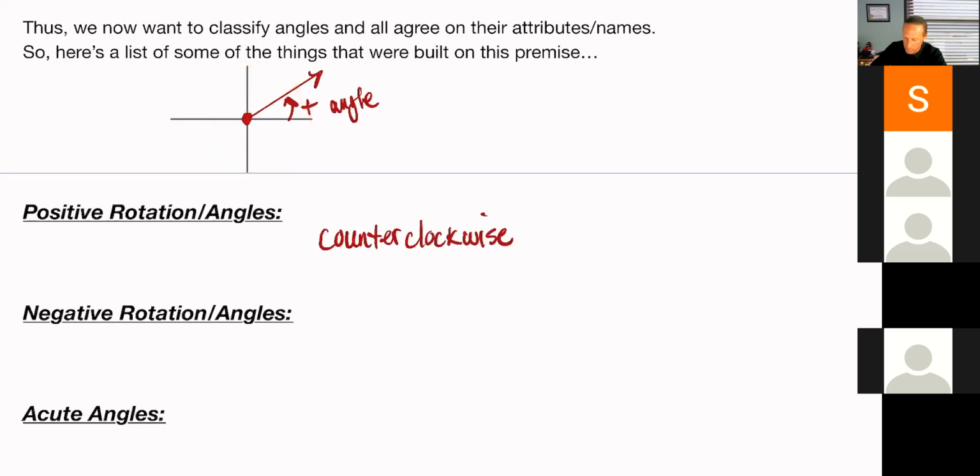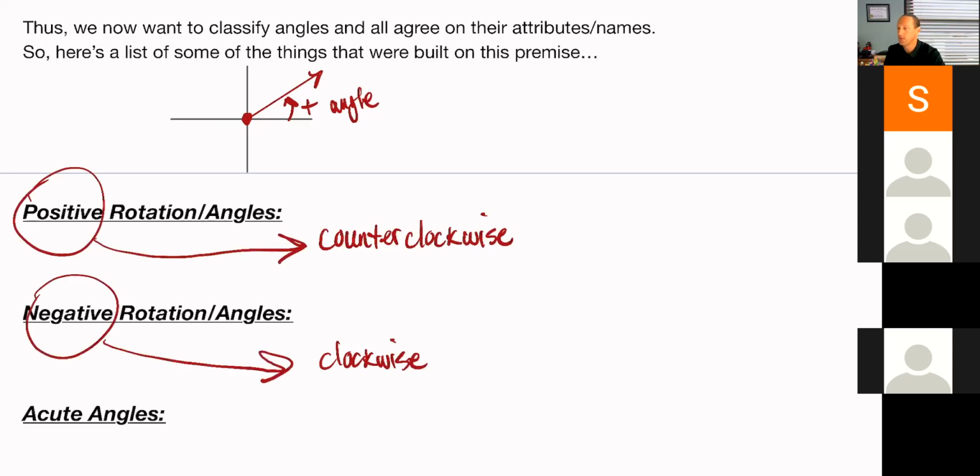But for us, if we're looking to the positive right on our x-axis and we start rotating down, what do you think down means? Negative. Negative. And therefore positive angles versus negative angles.